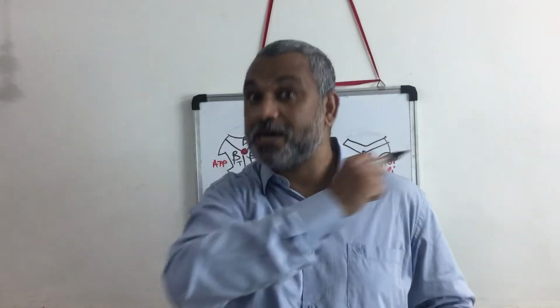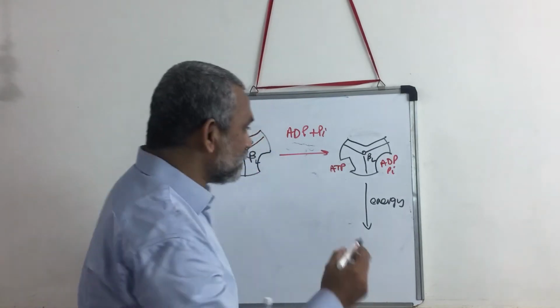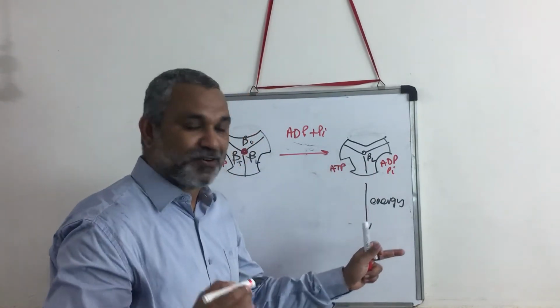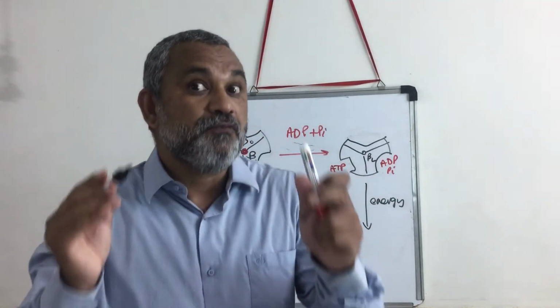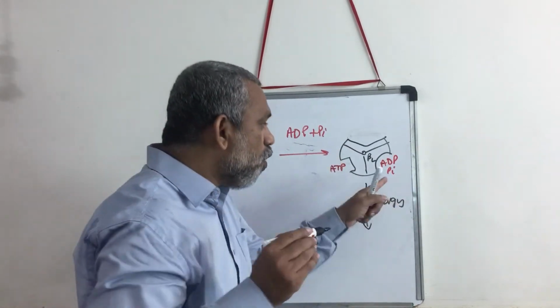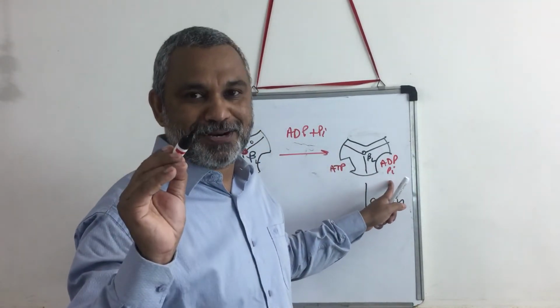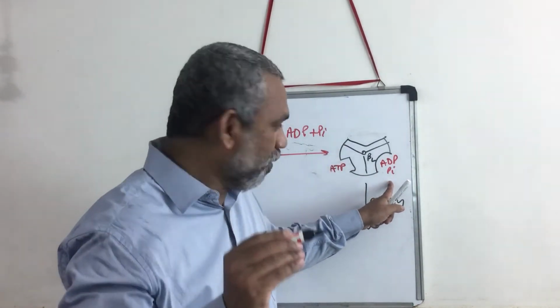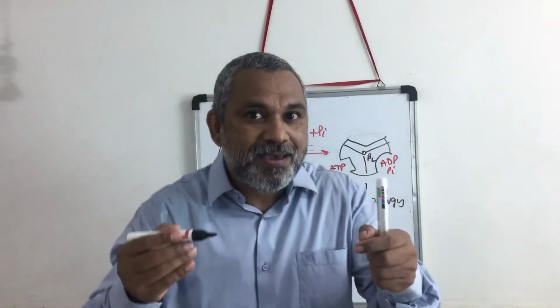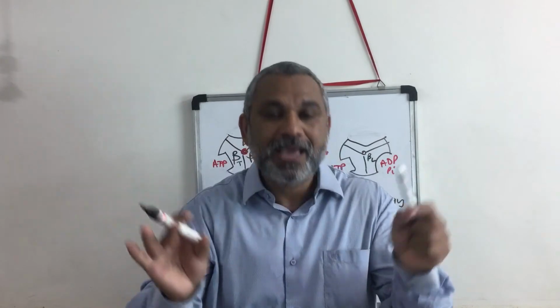That has caused a rotation of the C subunit. In that process, energy is transferred. That energy will help to overcome this Coulombic repulsion. So this ADP and Pi now join together, the Coulombic repulsion is overcome and it becomes an ATP molecule.